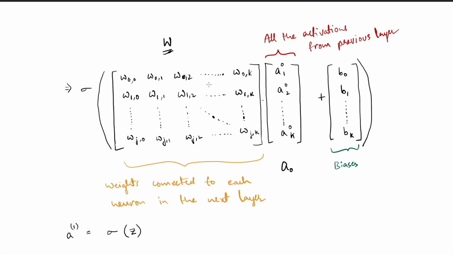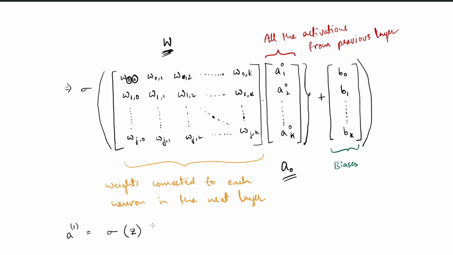So what we do here is we take all the activations from the first layer, and then we do a matrix multiplication with all the weights connecting to each neuron from the first layer to the second layer.